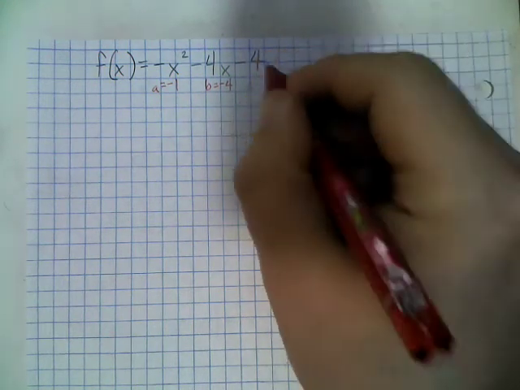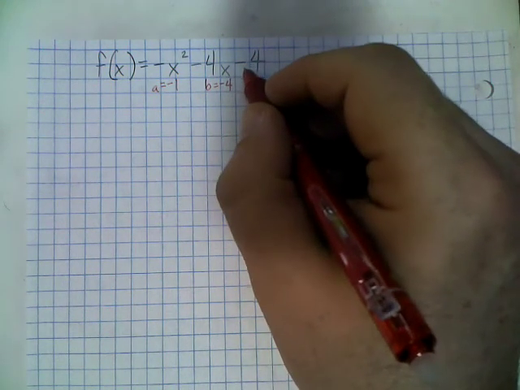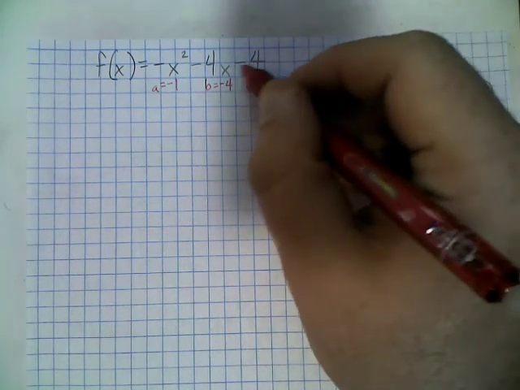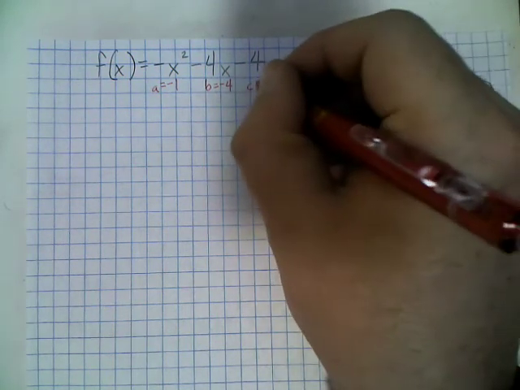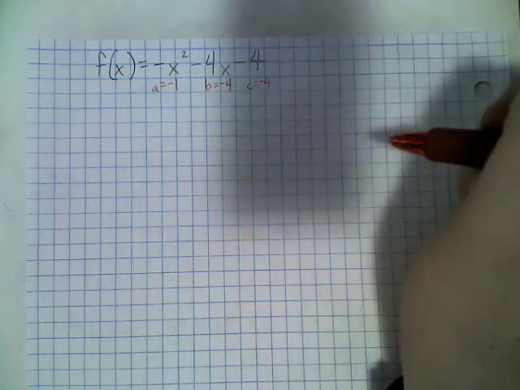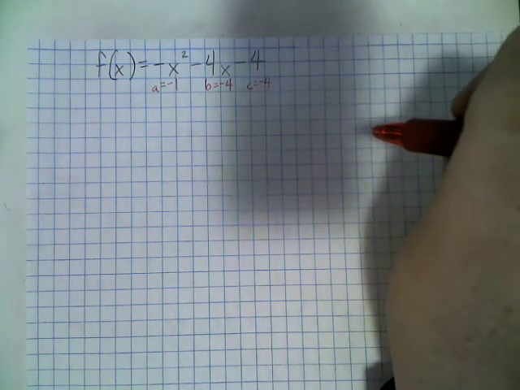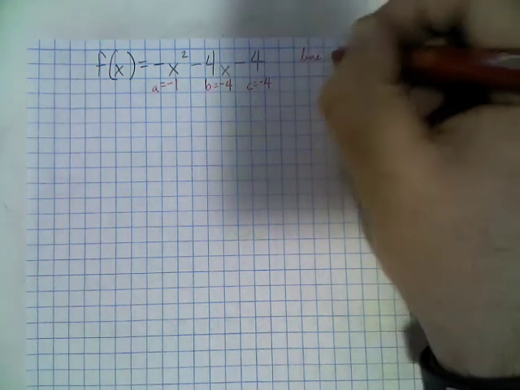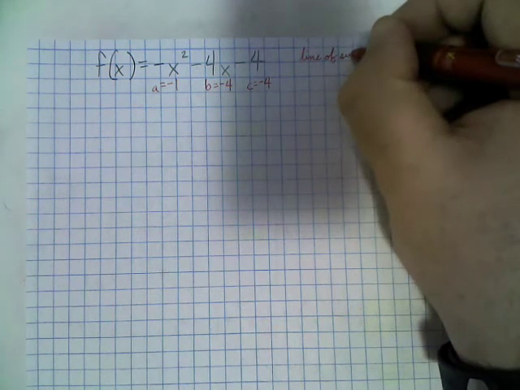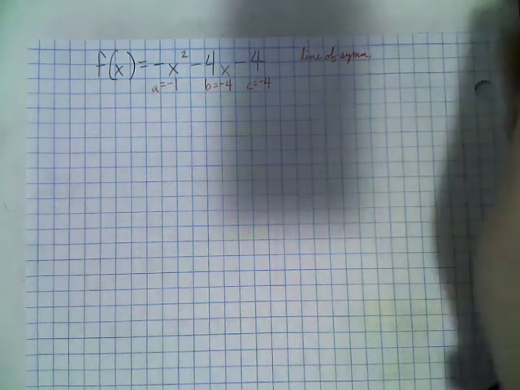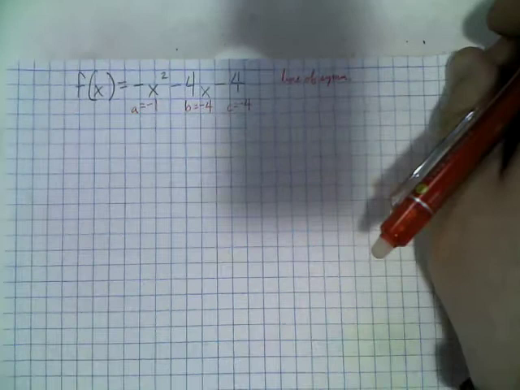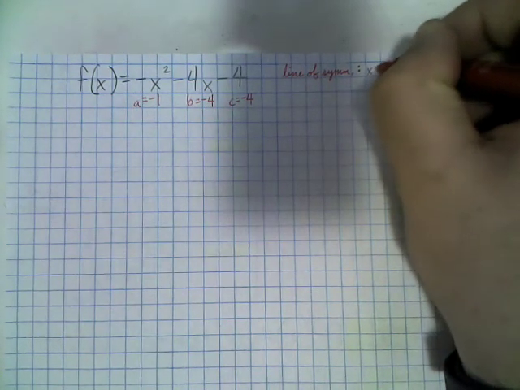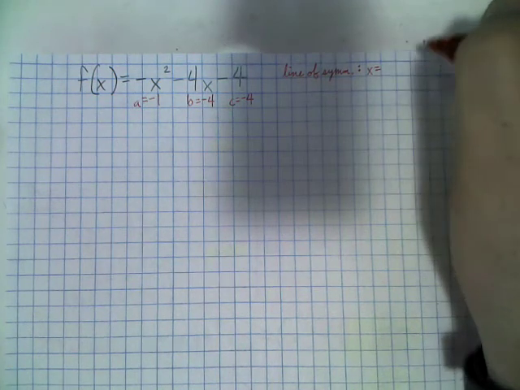And then c is the constant. Now the formula says plus c. So think of this as addition. If this is a minus 4, what are we really adding? We're really adding a negative 4. So this means that my line of symmetry, and we're going to abbreviate that SYM, line of symmetry is going to be x equals negative b.